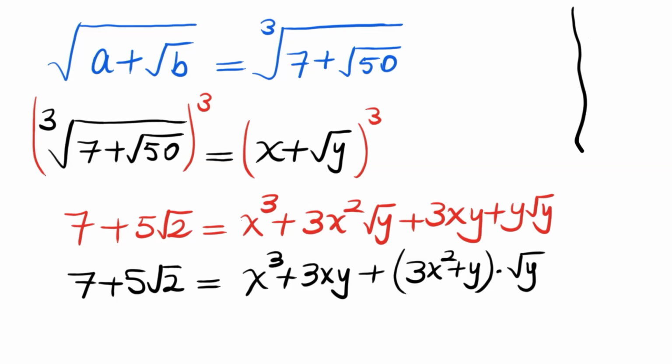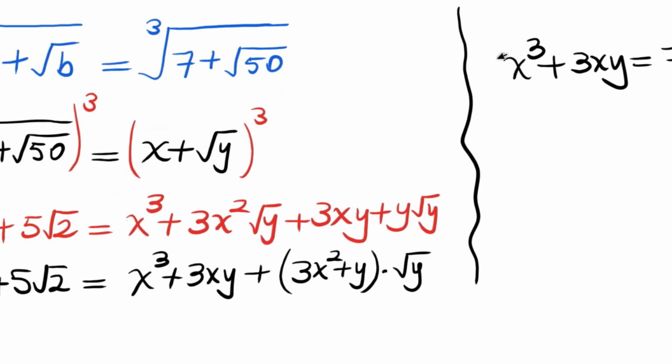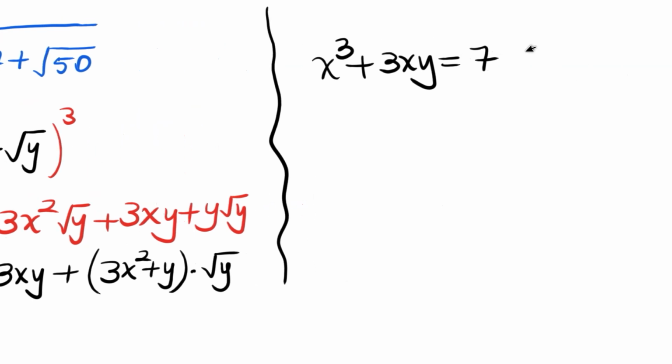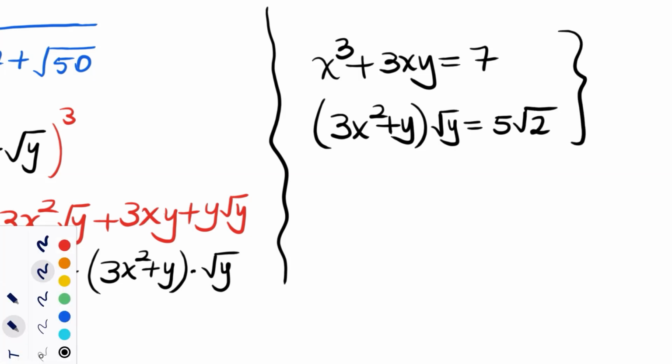So rationals and irrationals should be equal to each other. We have x cubed plus 3xy is equal to 7, and we have 3x squared plus y times root y is equal to 5 root 2. This is the system to be solved.